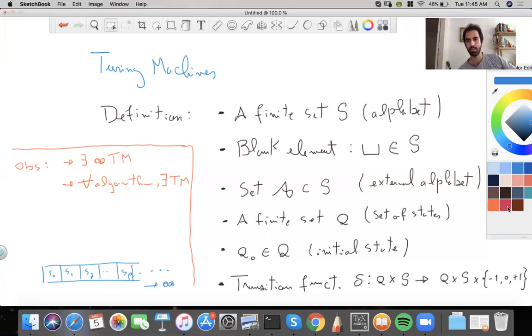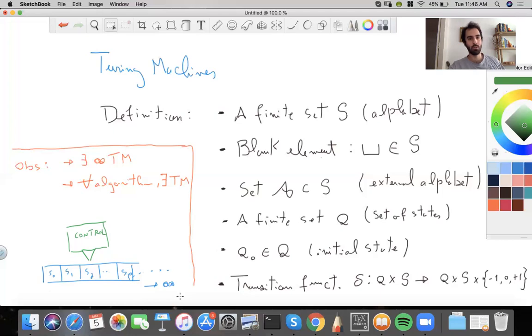There is a head which I can use to manipulate the information in each slot, what is written in each slot. And there's a sort of brain, which is a sort of automaton, which is a control head, which executes the computation that the Turing machine is going to do. Okay, so this is my drawing of the Turing machine.